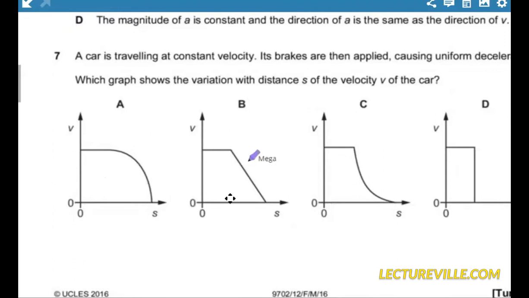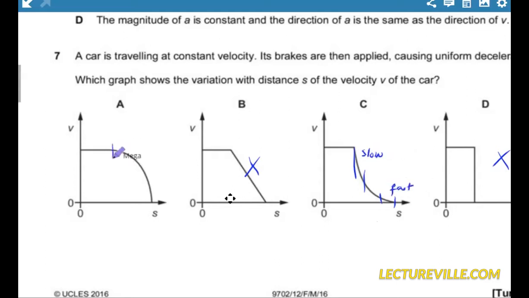So obviously, object is not having a constant relationship between them. So D and B can be cancelled out. So this C is showing that there is a lesser distance travelled in the initial part and more distance travelled in the same amount of time in the last part. It means object is slow here and fast here.